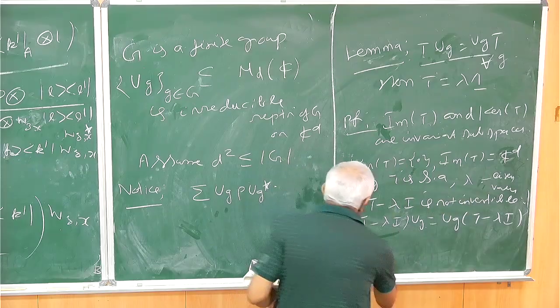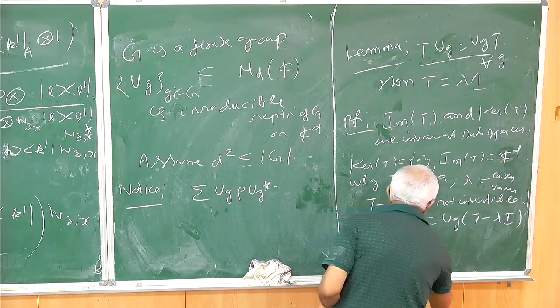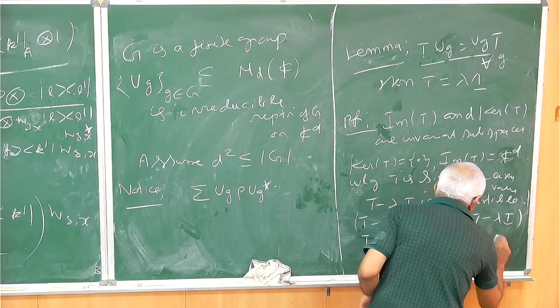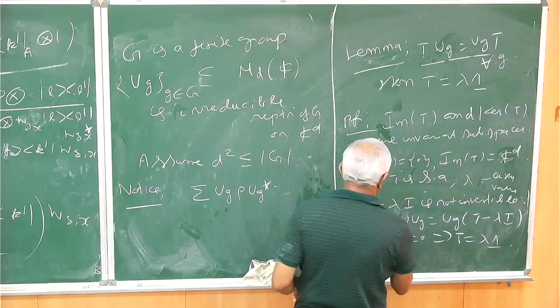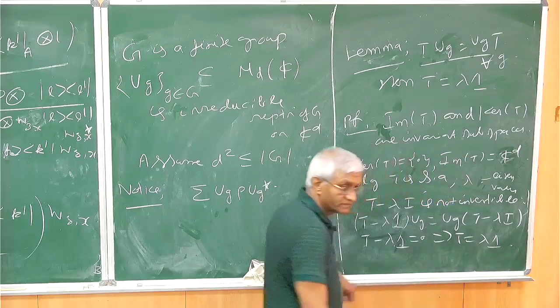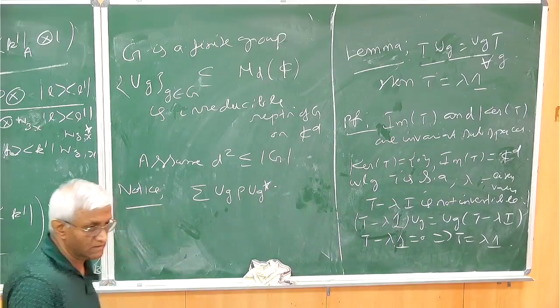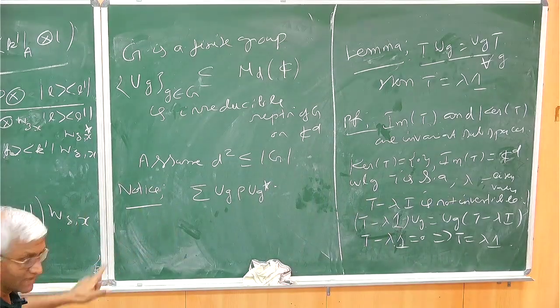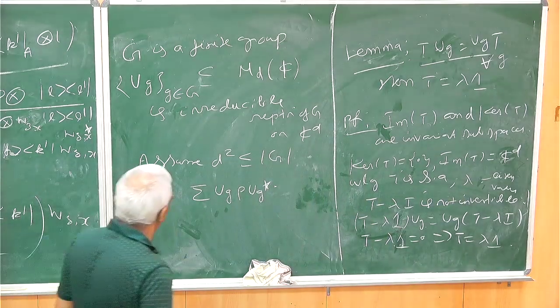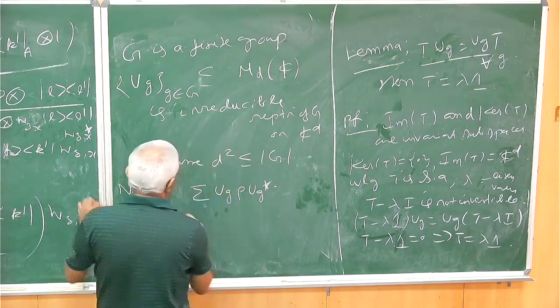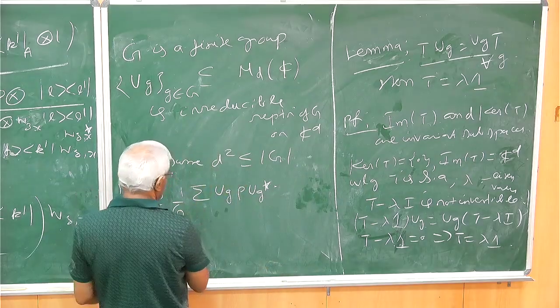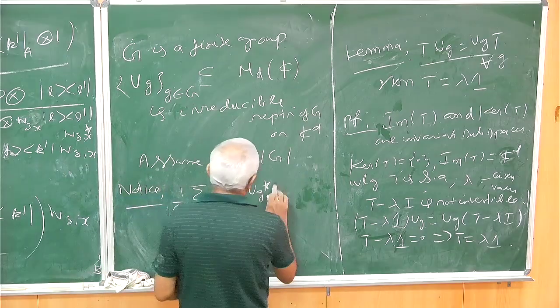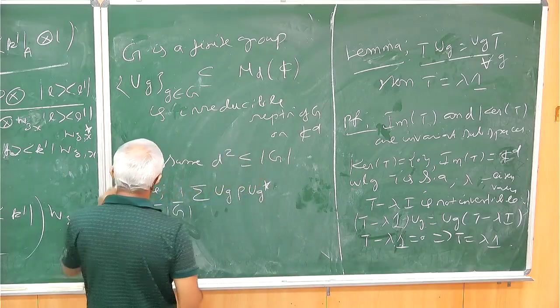So T minus lambda I equals 0, which implies T equals lambda. So if something commutes with everything, it is a scalar. Now the sum of U_g rho U_g star, times 1 over the order of G, commutes with everything.